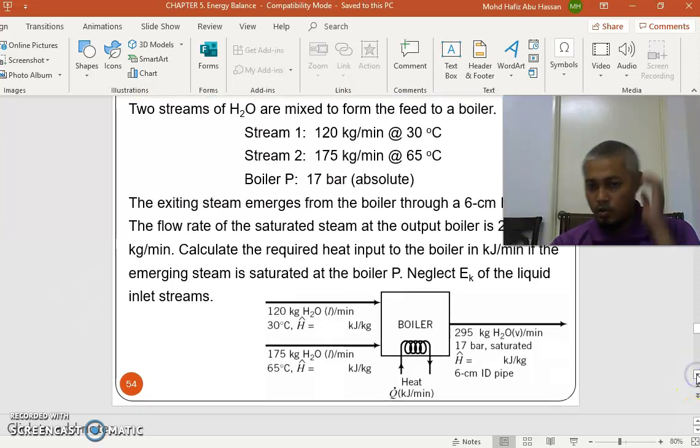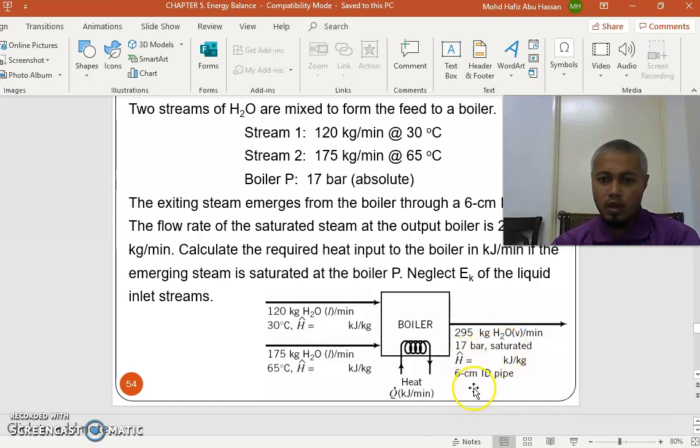Okay, so if we draw a flow chart, we have two inlets, and then we have outlets here. The most important thing is we need to label the mass flow rate for both inlet and outlet, and also we need to put the final condition of the pressure at the outlet, which is 17 bar saturated.